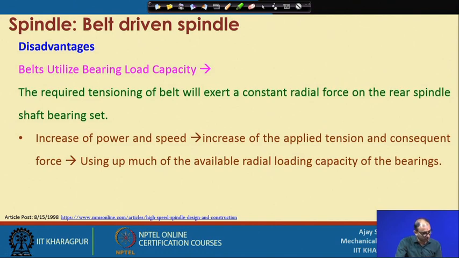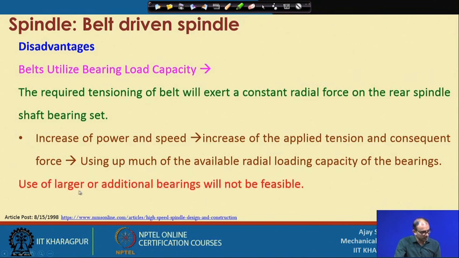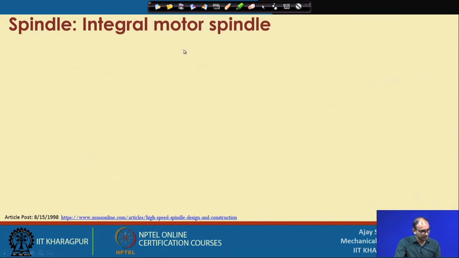If you continue operation, there is likely to be a failure in the bearing, or it will not behave normally. Using a larger or additional bearing is not feasible, because within that system you do not have that much space for making changes. So this is one of the disadvantages of the belt driven spindle.